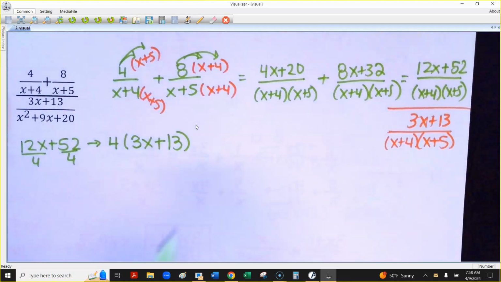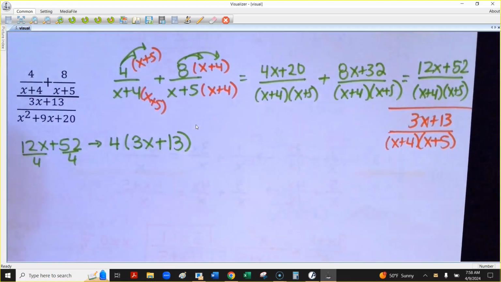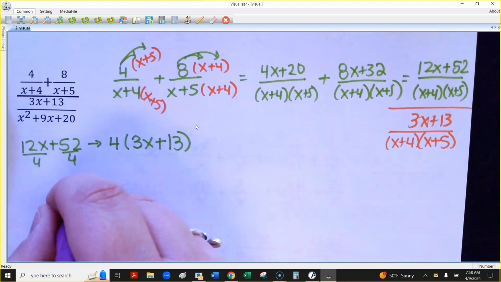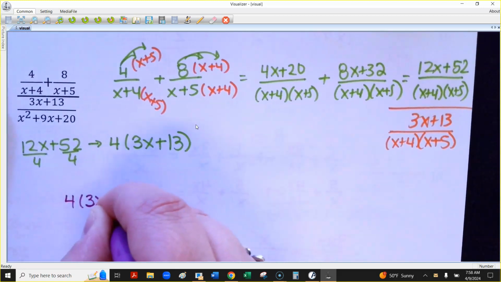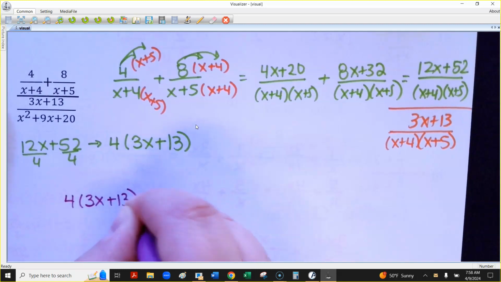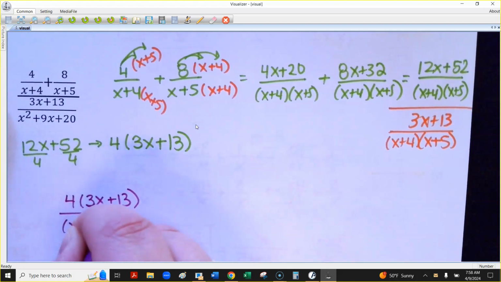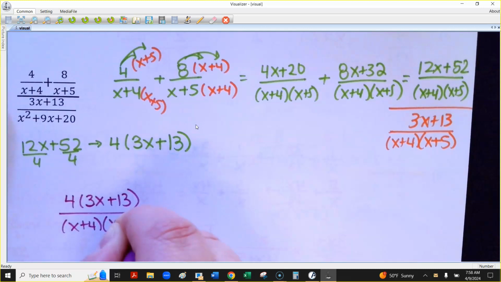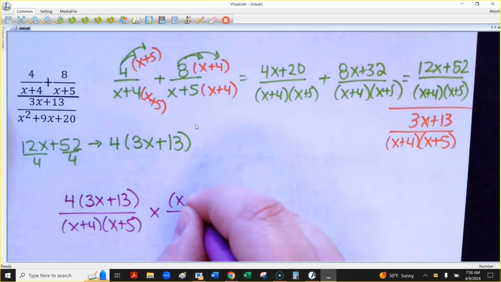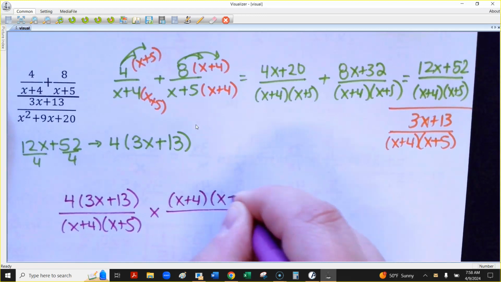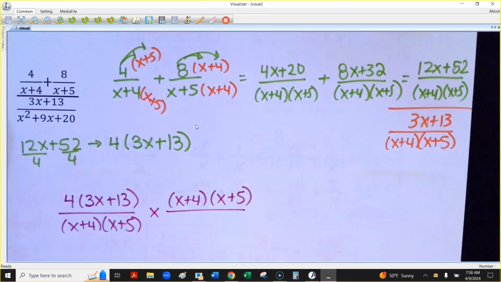So on the top there, I'm going to do my keep, change, flip, but I'm going to leave it in factored form. So the top, once I factored it, is 4 times 3x plus 13. The bottom is x plus 4, x plus 5. I'm going to change that division to multiplication, and when I flip that over, that quadratic exactly matches what we had, the x plus 4, x plus 5.